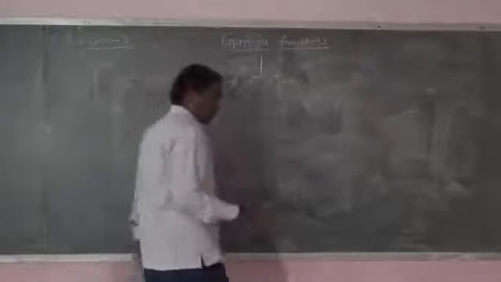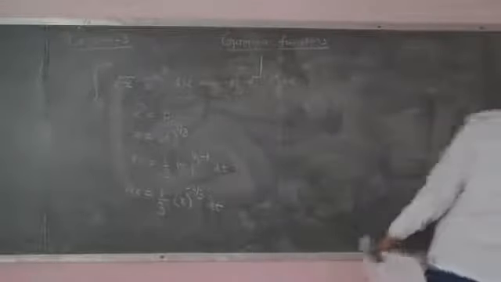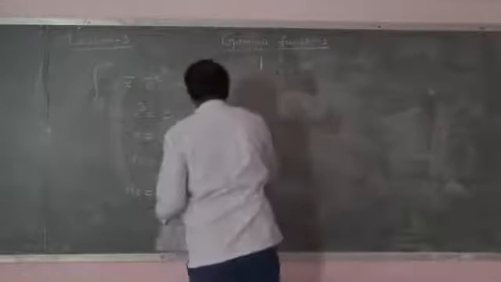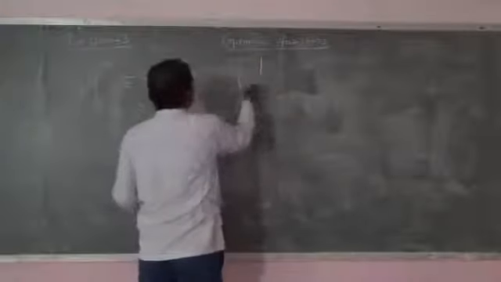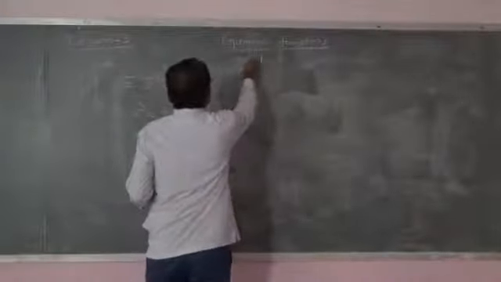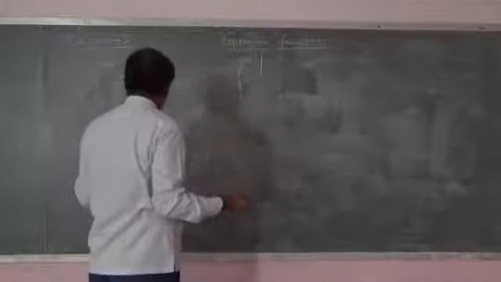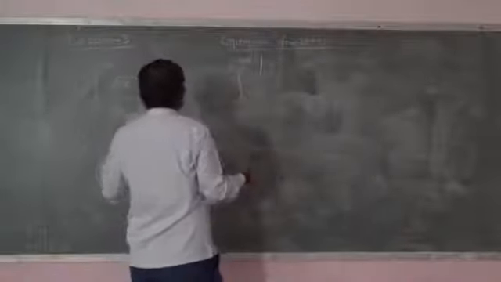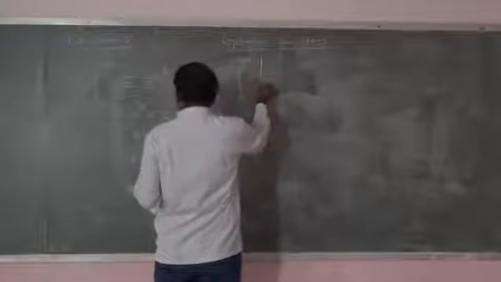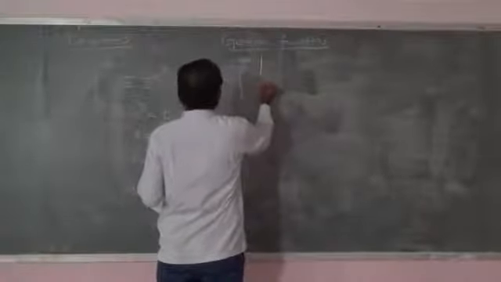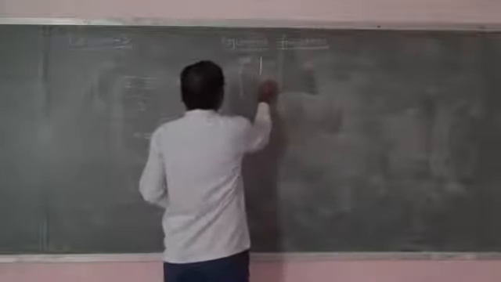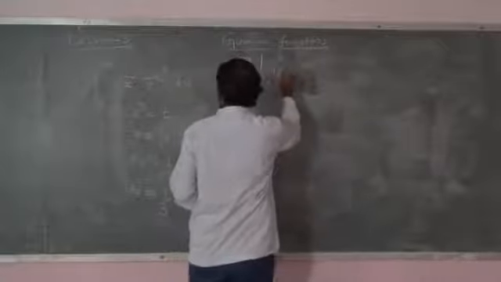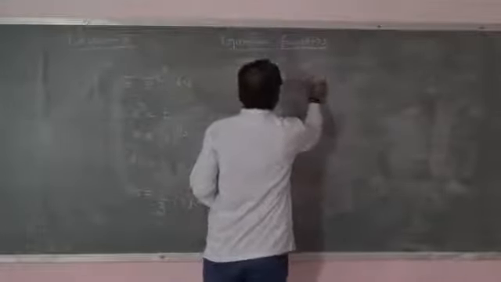So now the given question becomes the integral from 0 to infinity, root x is there. Now root x can be written as x raised to 1 by 2, isn't it? So this is x raised to 1 by 2 e raised to minus x cube dx.